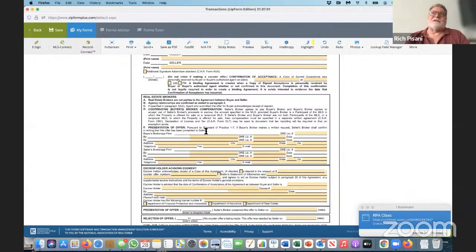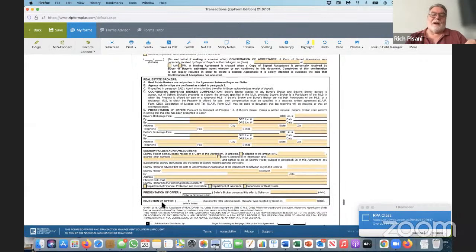If I, as the buyer's agent, send you an email saying, did you present my client's offer? And you send me an email back saying, yes, the offer was presented, that's sufficient. We do not require initials of the presentation. It's not required. We do not require an initial of the seller rejecting the offer.